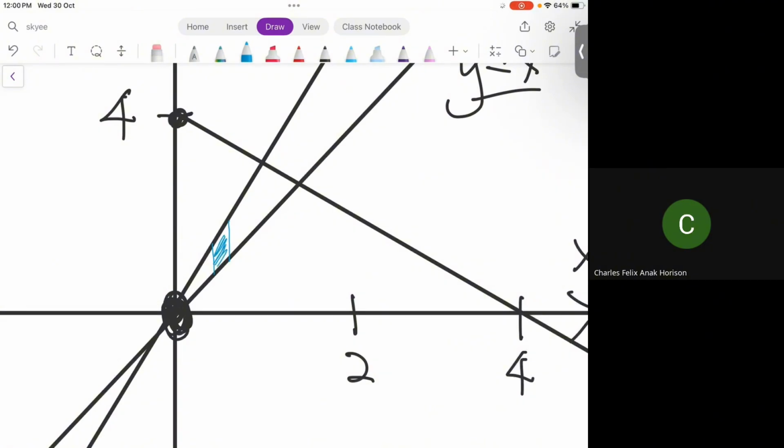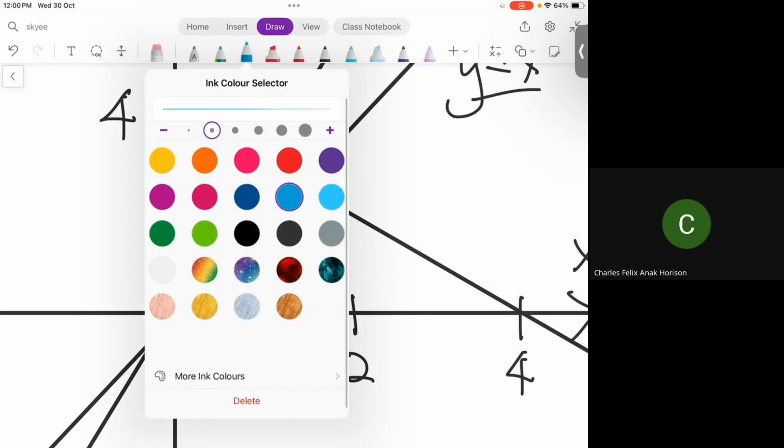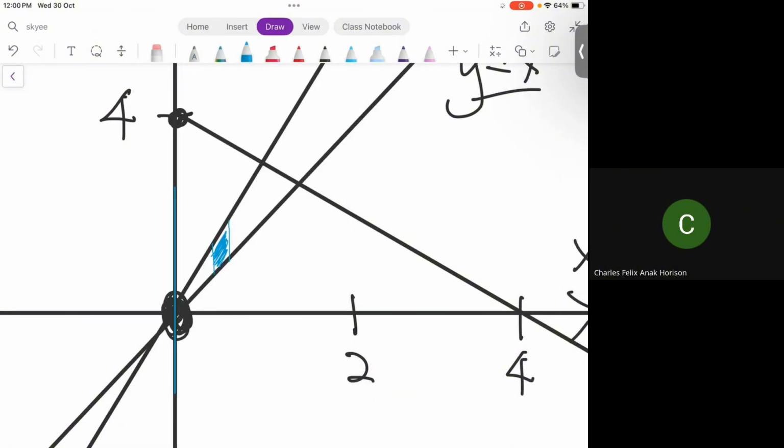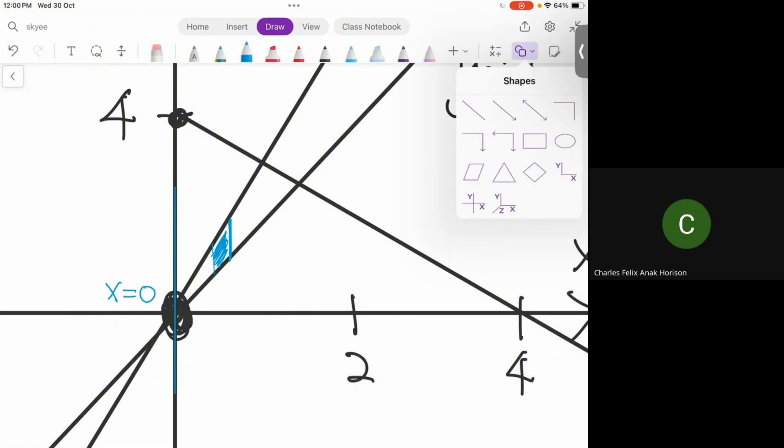When I move it to the minimum, it will stop here. At this position, your x is equals to 0. And when I move this side to the end, I might stop here.